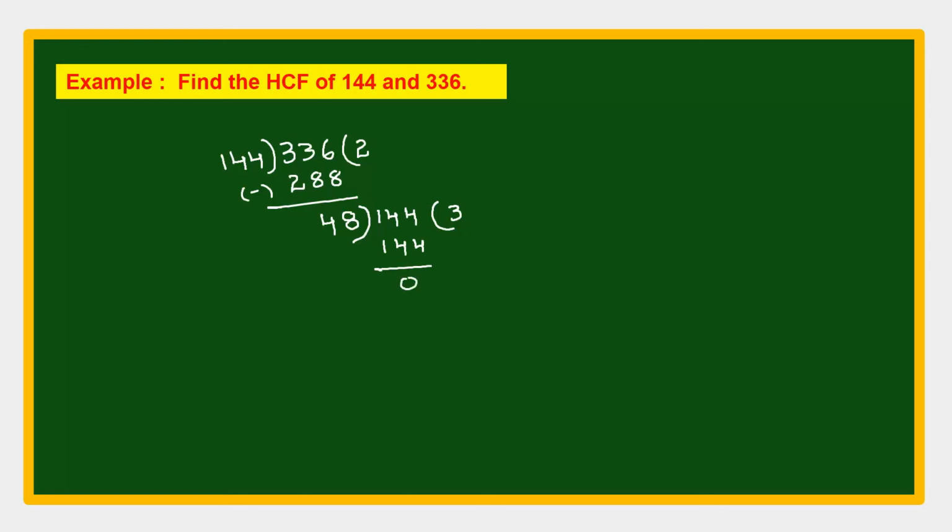So we got remainder 0. So the last divisor will be the HCF. Here last divisor is 48. So 48 is the HCF of 144 and 336. So HCF is 48.